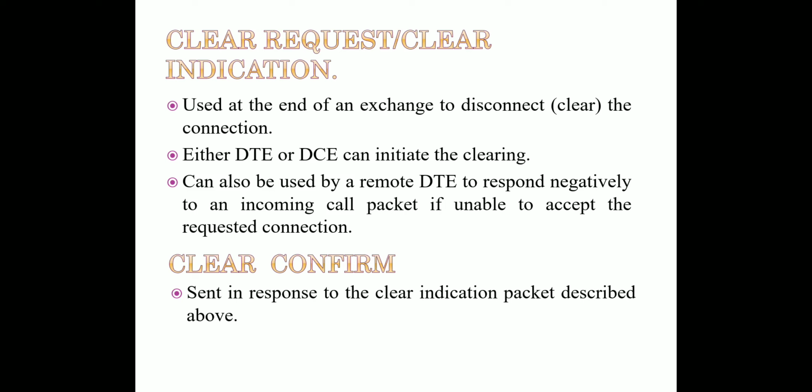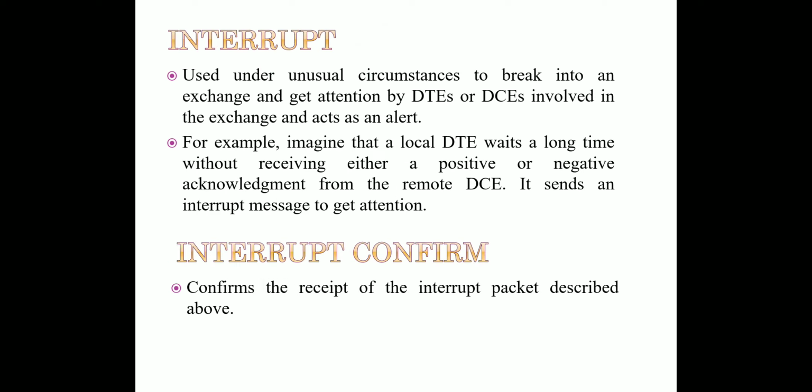Another function of this packet is, whenever a local DTE is not ready for a connection, it can reply to the call request or the incoming call with this packet saying that I'm not ready for the establishment of the link. Then you have the clear confirm. This packet is sent in response to this clear request or clear indication.